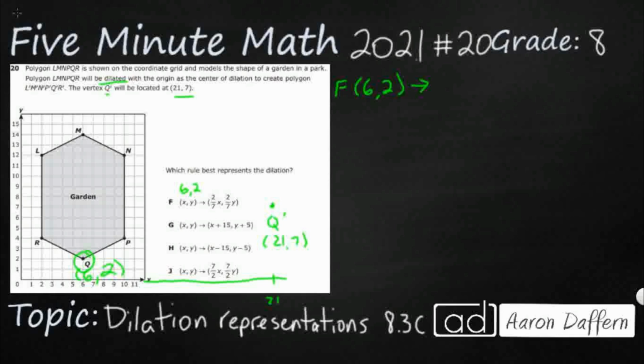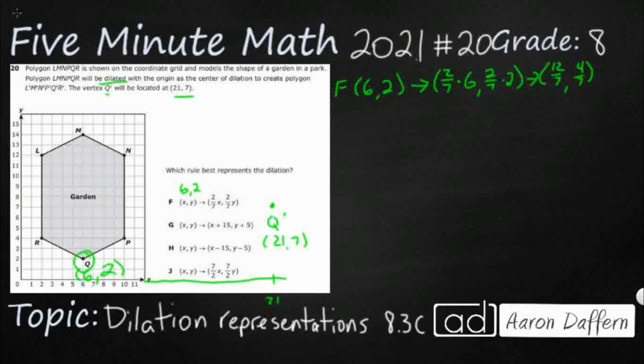Okay, so we do a dilation here, but this is going to be a shrinking dilation. I know that because the scale factor 2/7 is less than 1. When you're less than 1, you are going to shrink it. So that's going to be multiplying by 2/7, and we get 12/7 and 4/7.